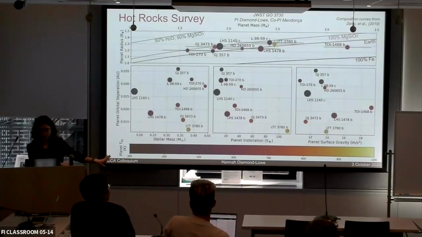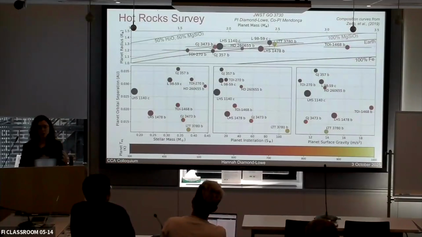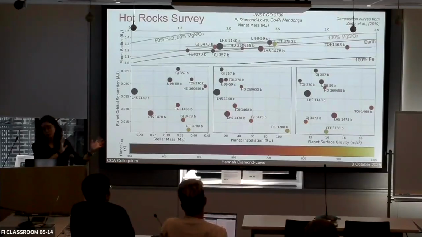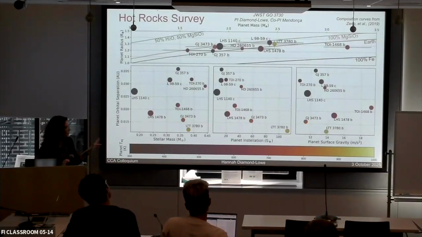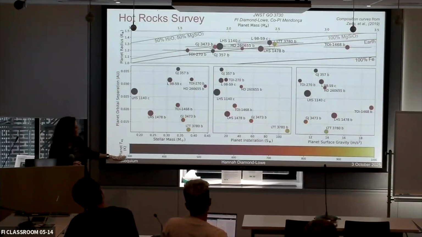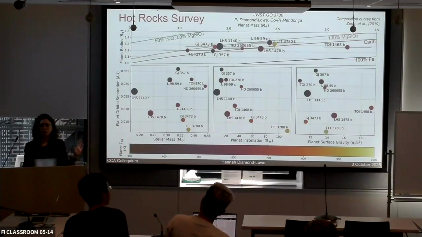TRAPPIST, everyone else looks at TRAPPIST, so we went for these other ones. They have different planet insolations, different surface gravities. This is ultimately a very tight population. There's not a ton of this, it is a very small parameter space, is what I'm trying to say. And crucially, I do want to point this out because it'll come back later. All of the planets have equilibrium temperatures between about 300 and 800 Kelvin.